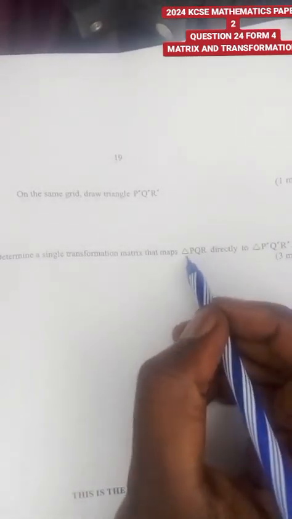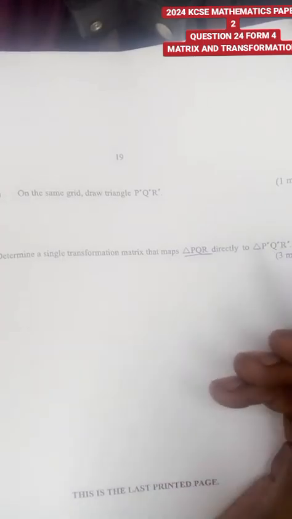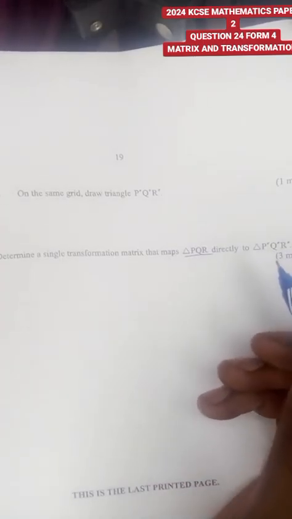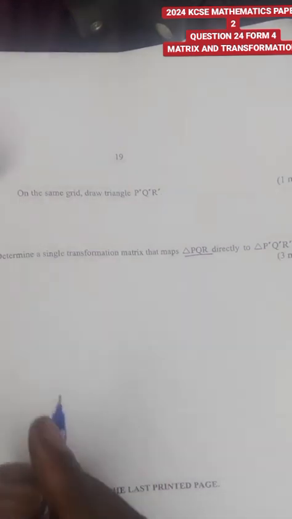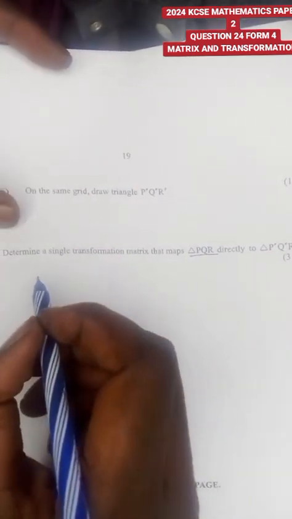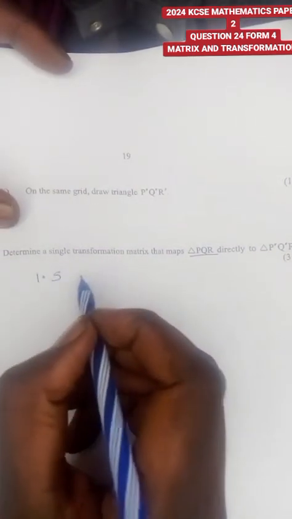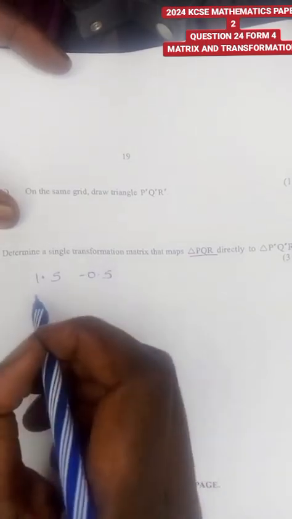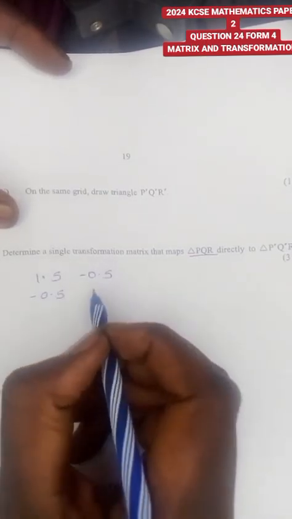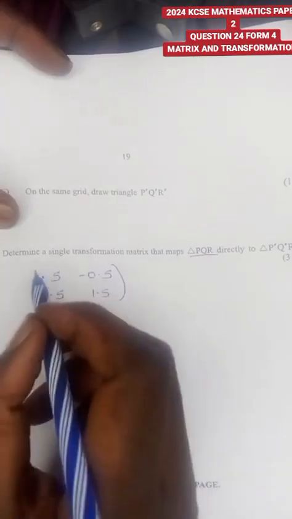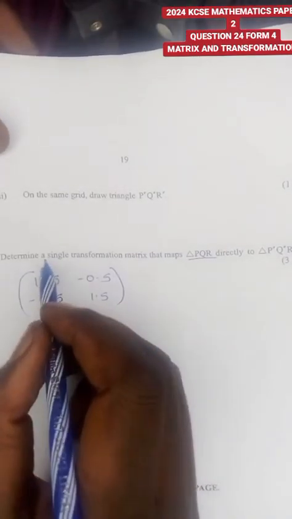So the coordinates of the original image, we are not supposed to know because we are not being told to draw. So remember that our transformation matrix was 1.5, -0.5, -0.5, and 1.5. So for a single transformation, you just have to know the coordinates. It is supposed to be 0, 1, 1, 0.